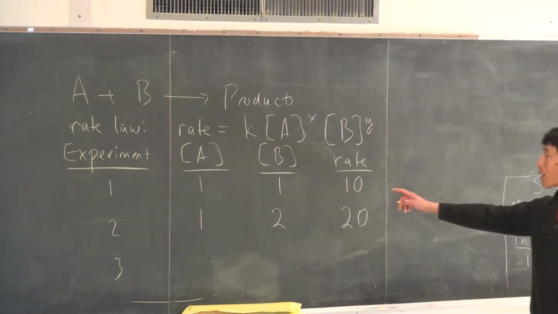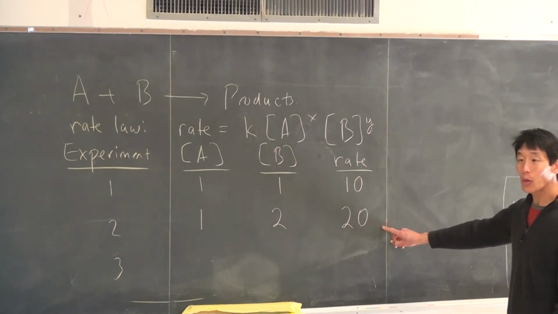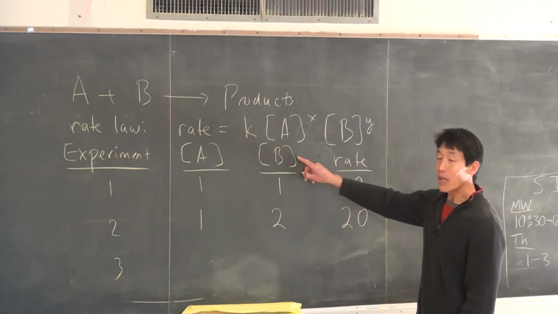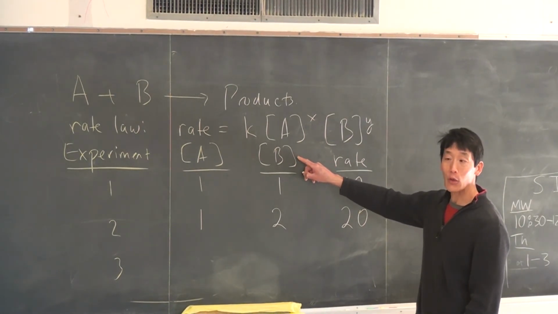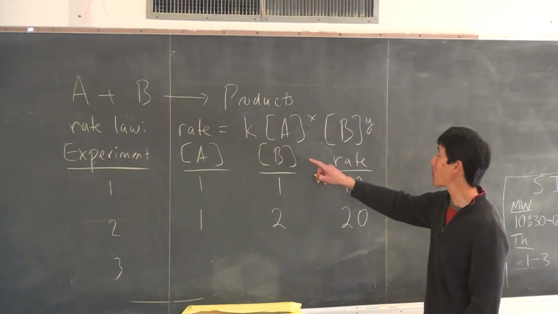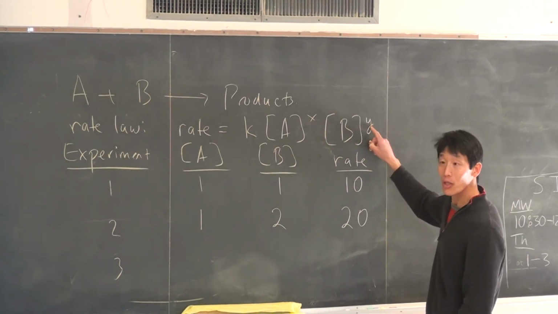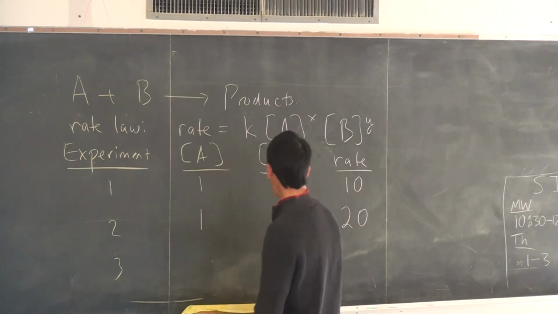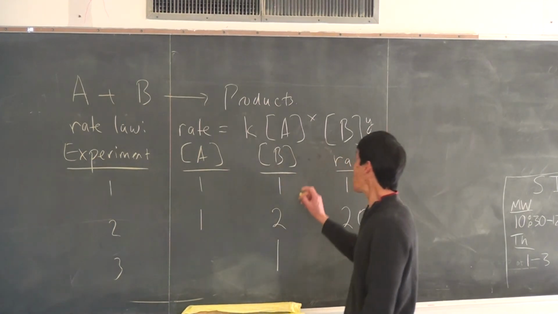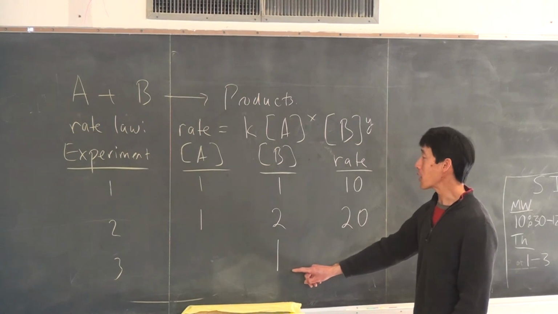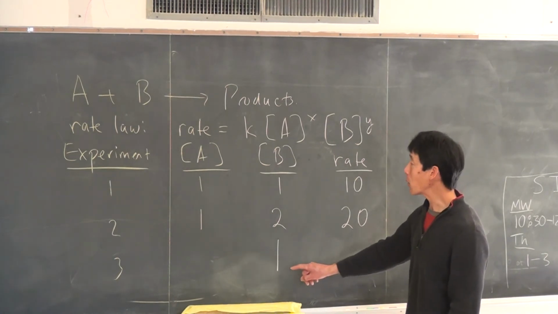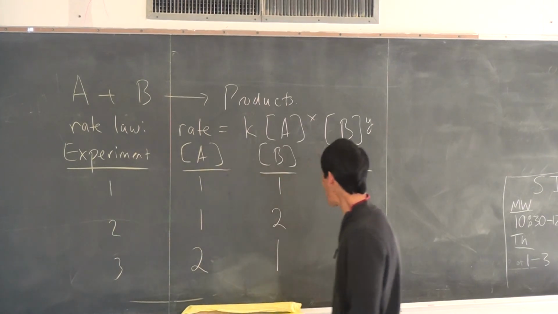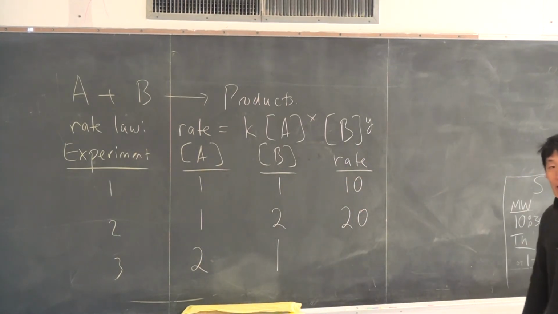Note that if we compare experiment 1 to experiment 2, we can figure out how the change in concentration of B affects the rate. So by comparing 1 and 2, we can figure out what y is. For the third experiment, let's keep the concentration of reactant B the same as in experiment 1, and we'll change the concentration of A, and we'll see what happens to the rate.